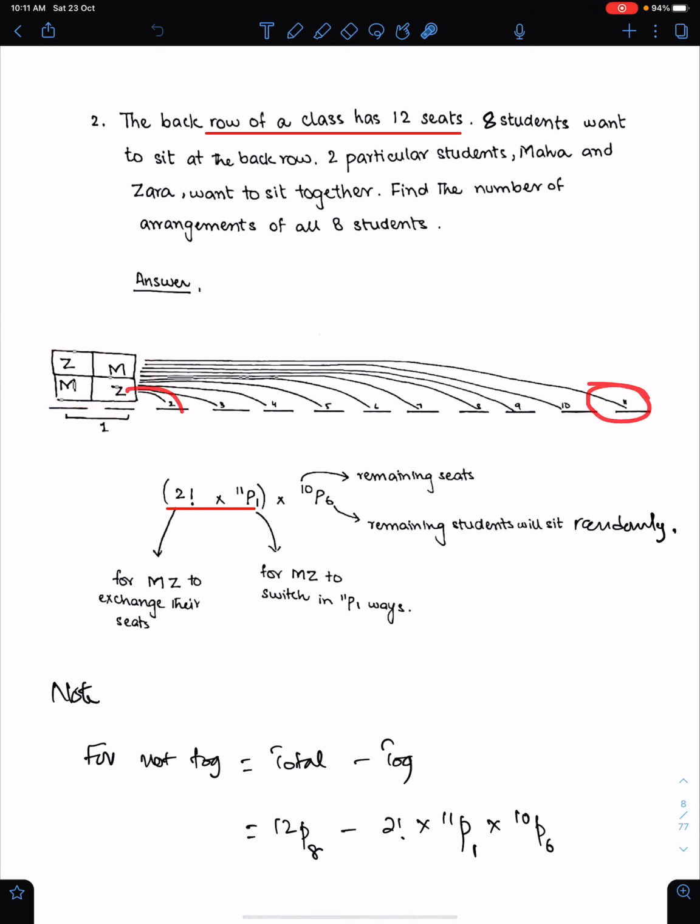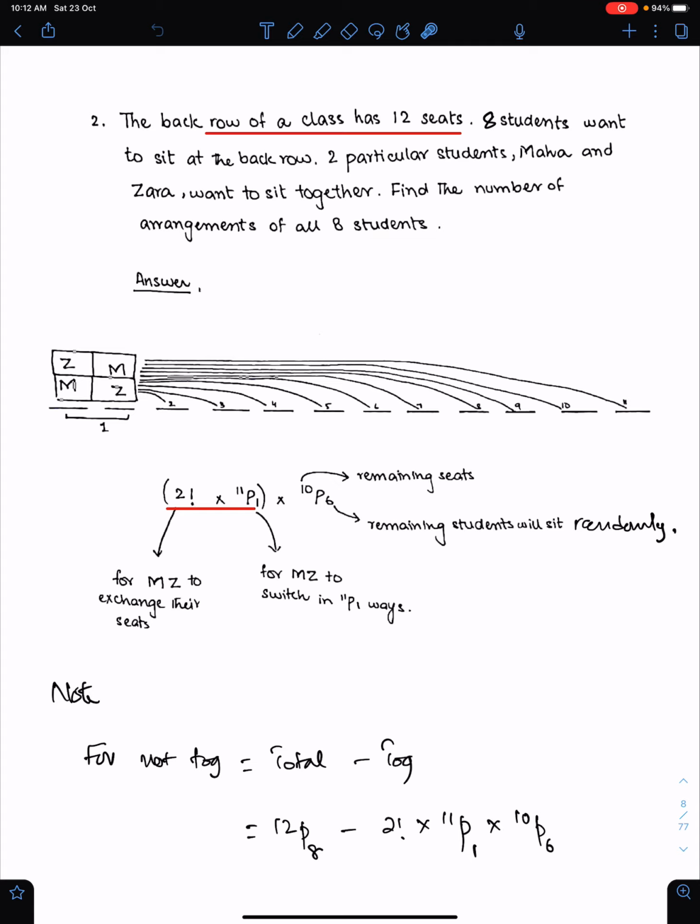And since we have 10 empty seats, and we have to arrange the 6 remaining students randomly, 10P6.